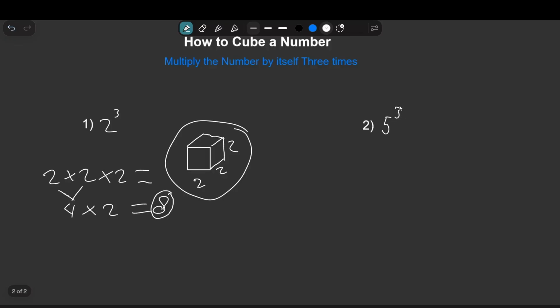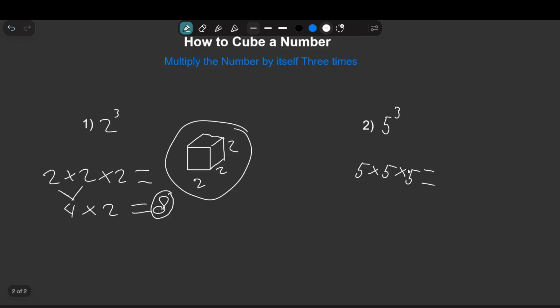The exponent tells us that. And this is the base. We don't multiply the exponent by anything, because this just tells us about the base and not about the exponent. So we do our base times itself 3 times, like this, 5 times 5 times 5.